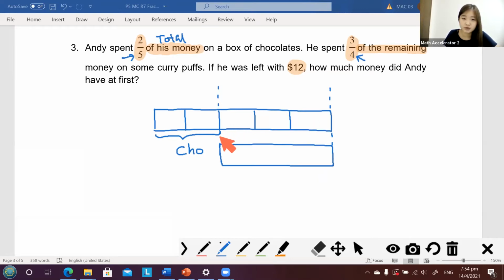So that's when you need to drop it down so that you can split it into 4. You only got 3 units in the first model. So if you want to have 4 units, you need to drop the model down first, then cut it into 4. So 3 out of the 4 here is going to be on curry puffs. So put CU for curry puffs. And what is left? $12. So this is left.